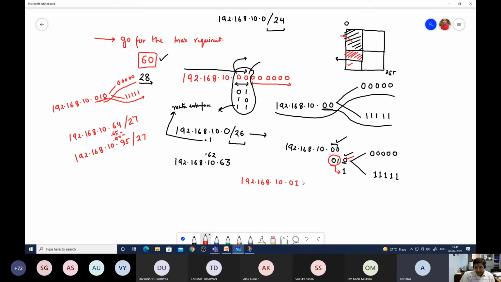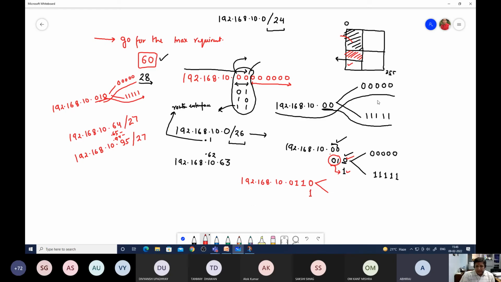We have extended it by 1 bit, that 1 bit 0 is taken. Now next is 1, this bit. For 12 hosts, how many bits? 4. 4 bits. So 4 bits means 1 bit is again here, 0 and 1.